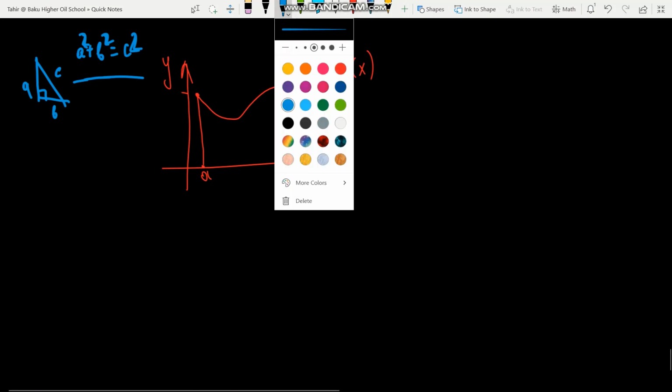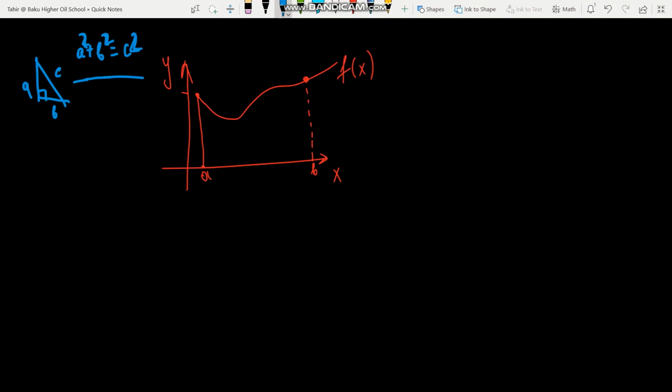Let's just draw small triangles and try to apply this theorem, drawing very small, infinitesimally tiny right angle triangles, and this will continue.